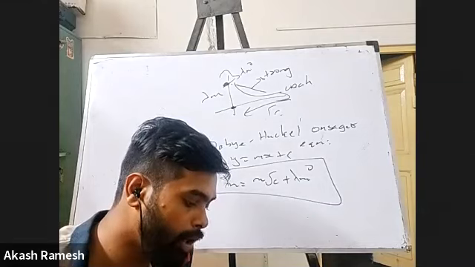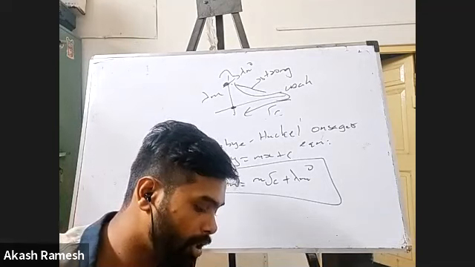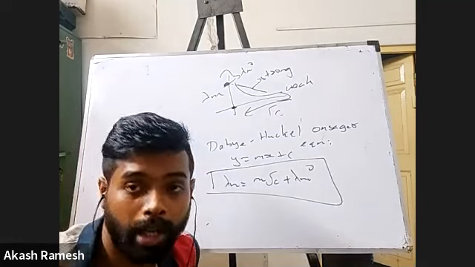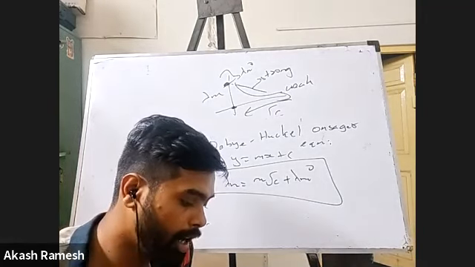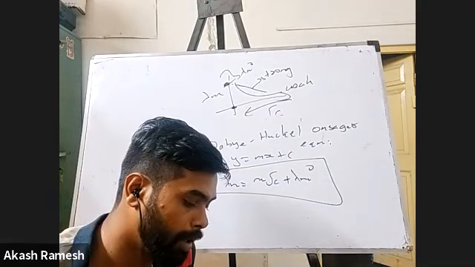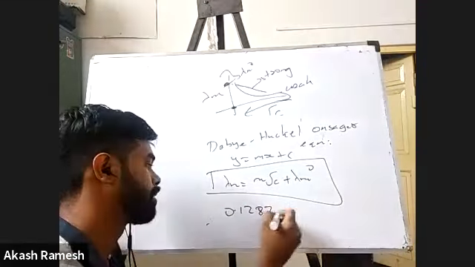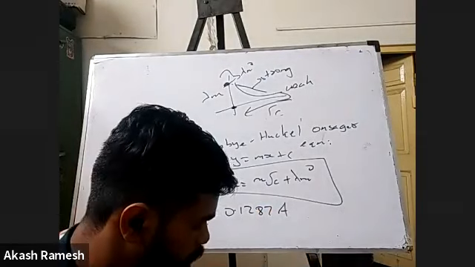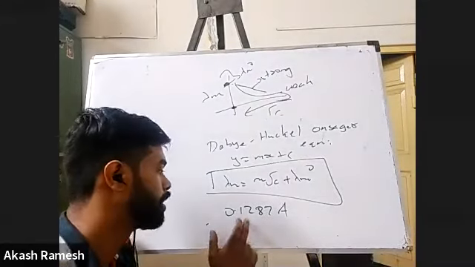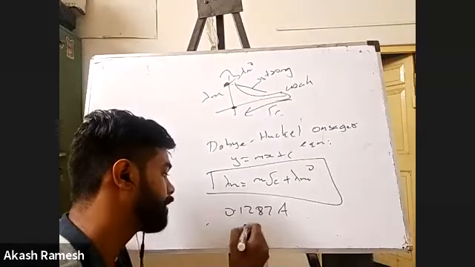An aqueous solution of copper sulfate was electrolyzed using a current of 0.1287 amperes for 50 minutes.